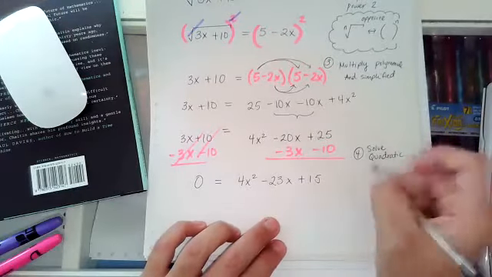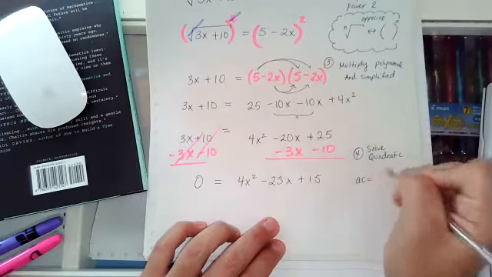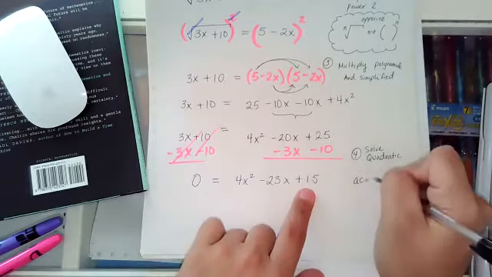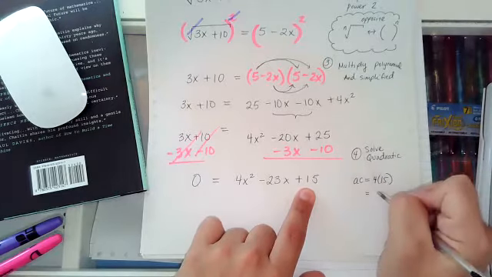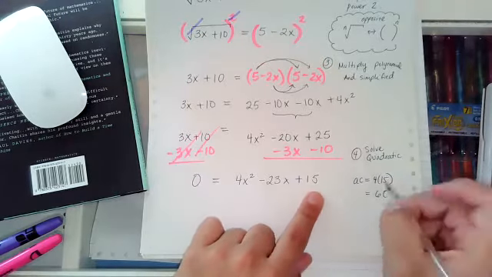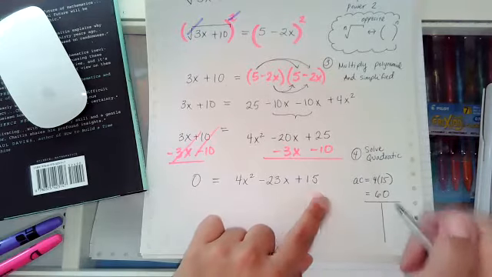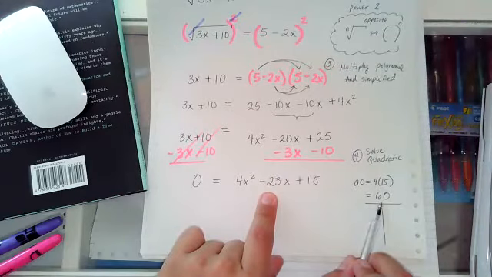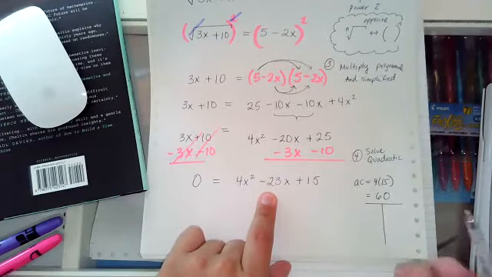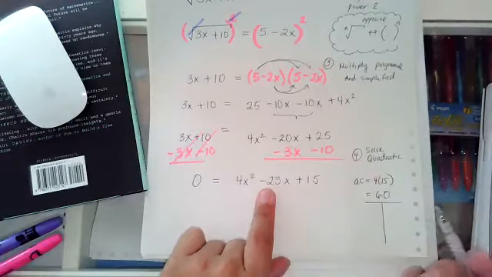It's called the AC method because we need to do A times C. In this case, that would be 4 times 15. So that will give us 60. So we need to look at all of the factors of 60 to see which ones will add to make 23. I'm sort of ignoring the sign because I know I need to get to 23 somehow.